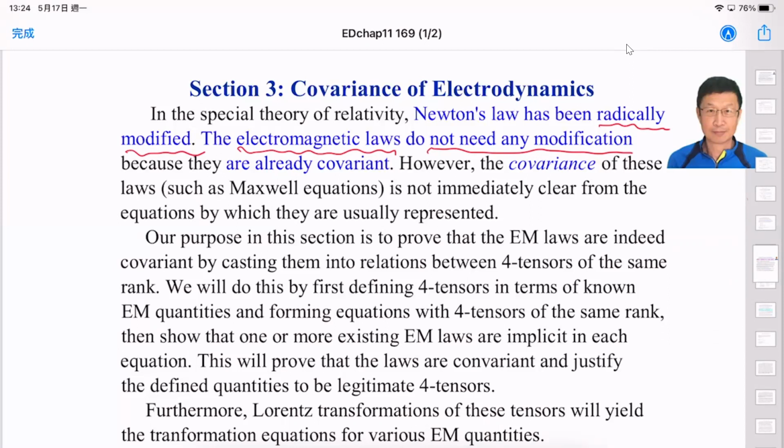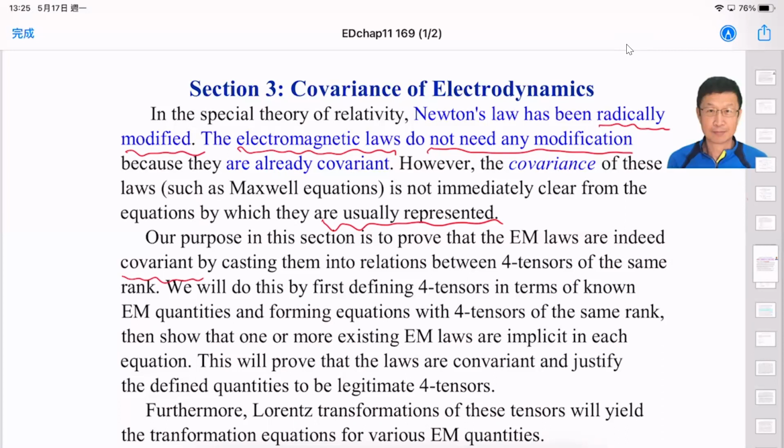How to prove it? To prove that, we should change the form from their normal representation to a better form. Our purpose in this section is to prove that EM waves are covariant, invariant in form.